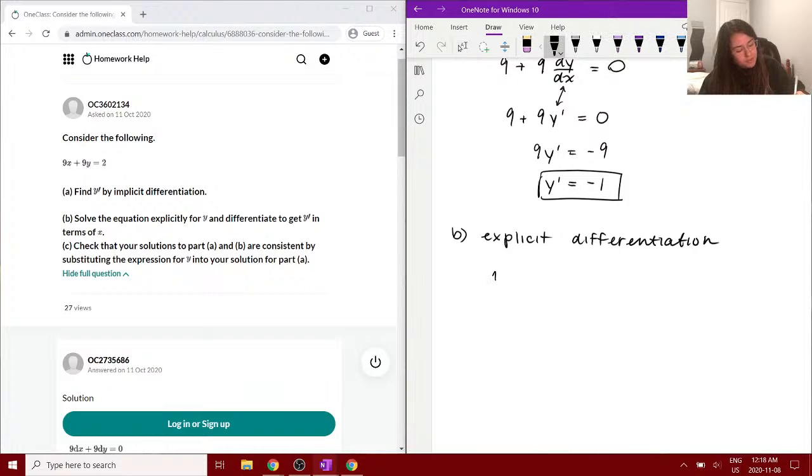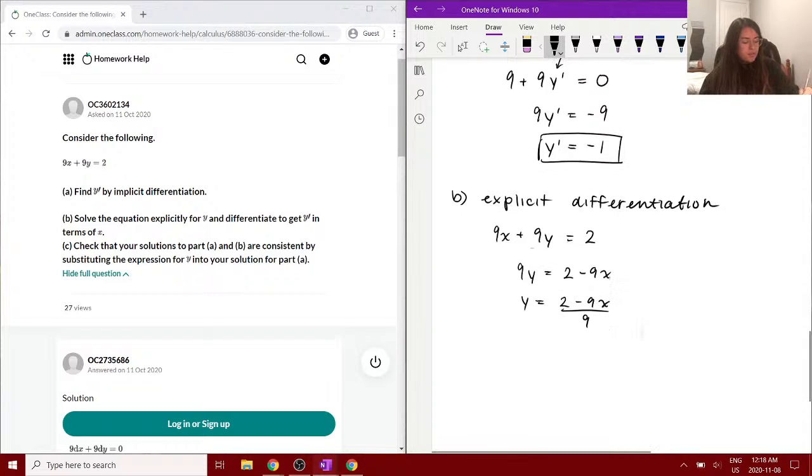So let's rearrange for y first. This is our original equation, remember? So we have 9y equals 2 minus 9x, and divide both sides by 9, and this is what we get.